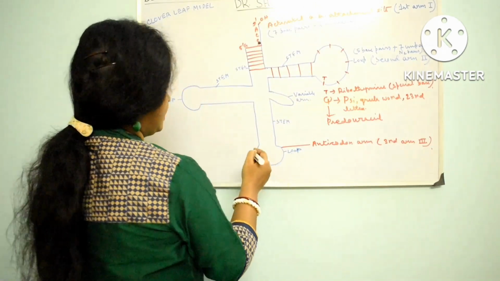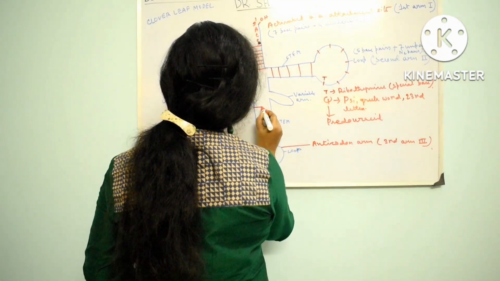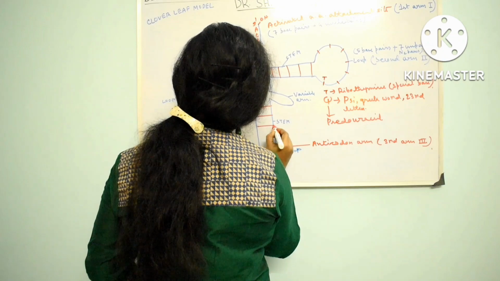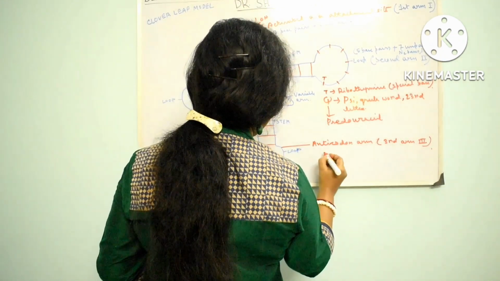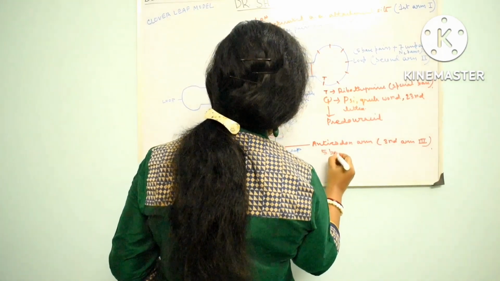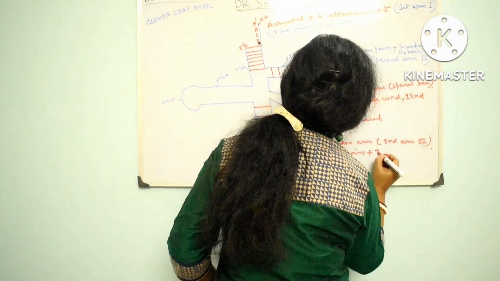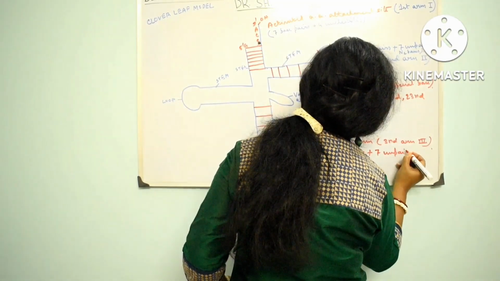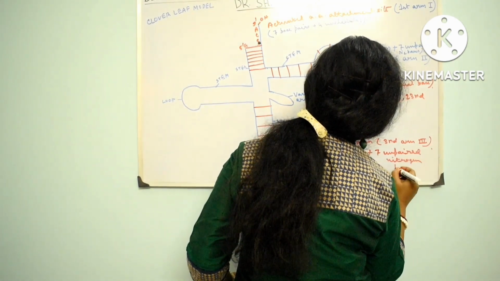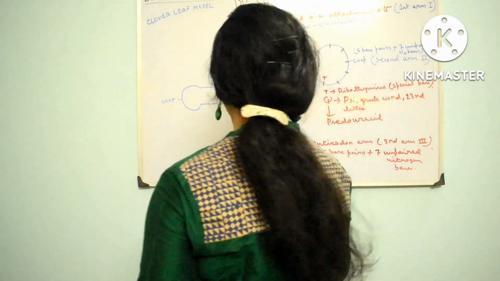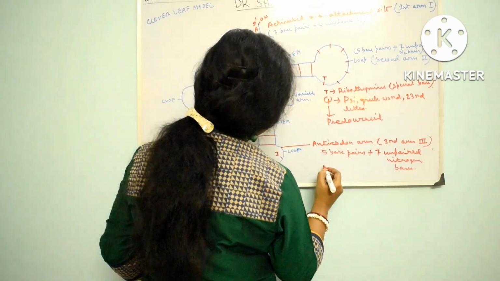In the anticodon arm, 5 base pairs plus 7 unpaired nitrogen bases are present here. The abnormal base present here is inosine.